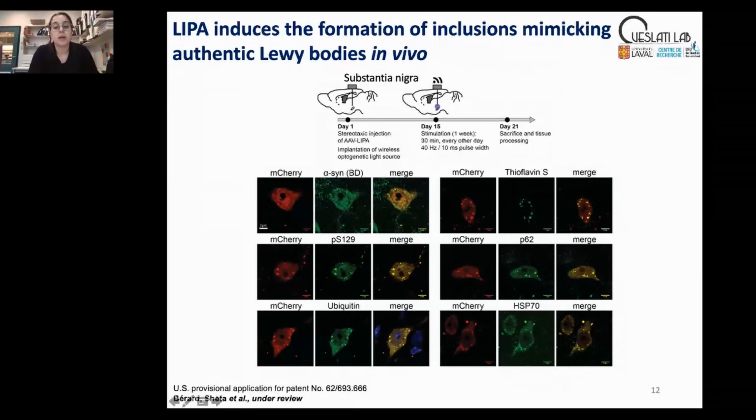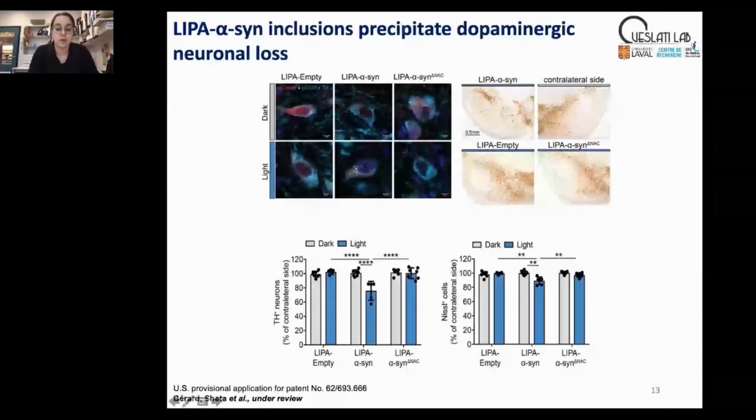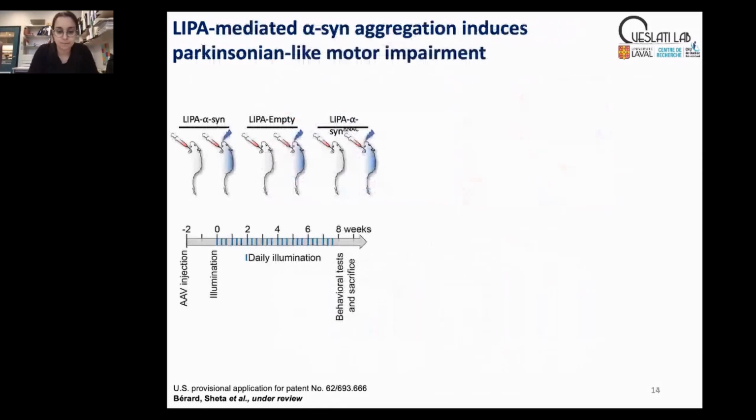This is similar in accordance to what we see with the LIPA-MT and LIPA-delta-NAC exposed to light with no evident loss in dopaminergic neurons. So we further confirmed what we see here, which is quantified here in the TH neuronal loss, with the Nissl test. The Nissl test further confirmed that it's actually indeed neuronal loss and not pertaining to dopaminergic loss per se.